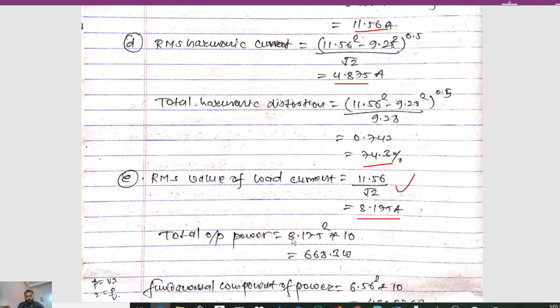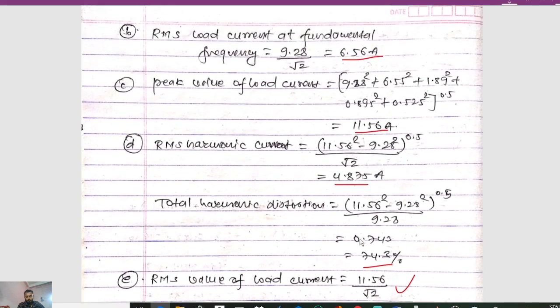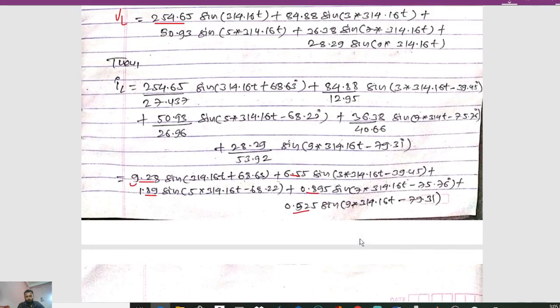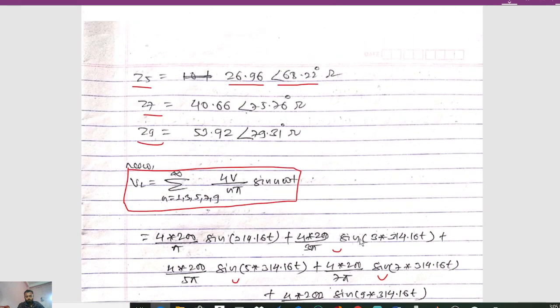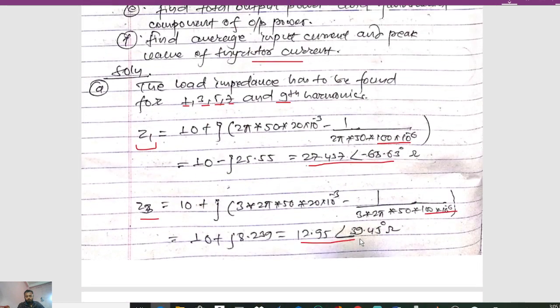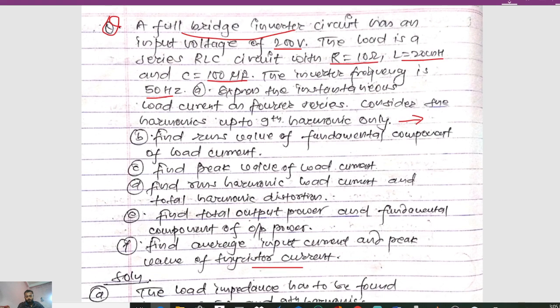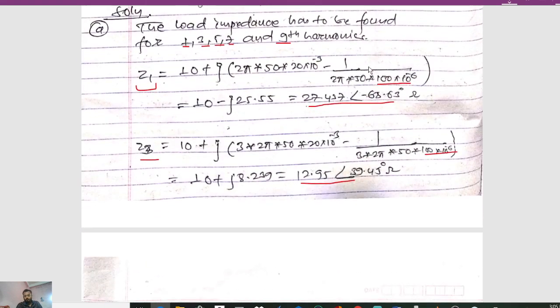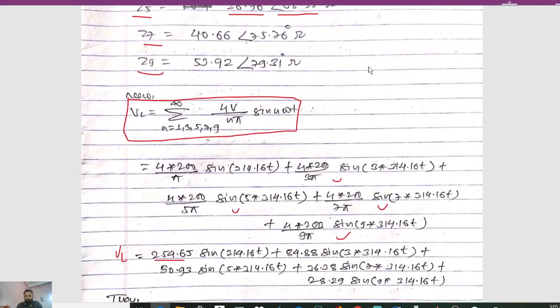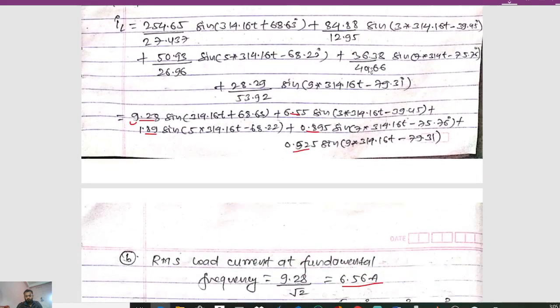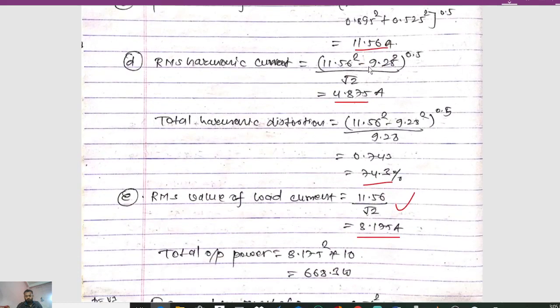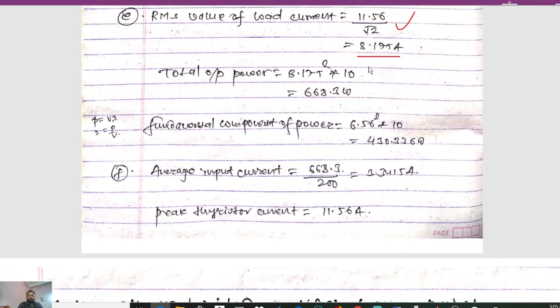So total output power will be I square R, means RMS value of load current squared into R, and the value of R is 10 ohms, as given in the question. So total output power will be 668.3 watt.